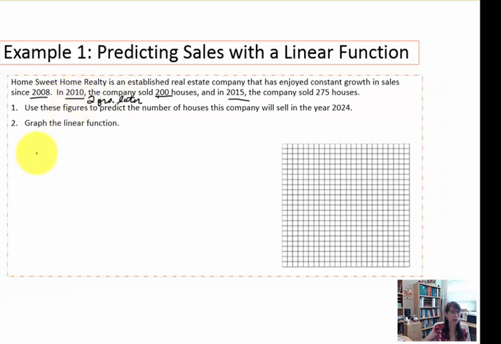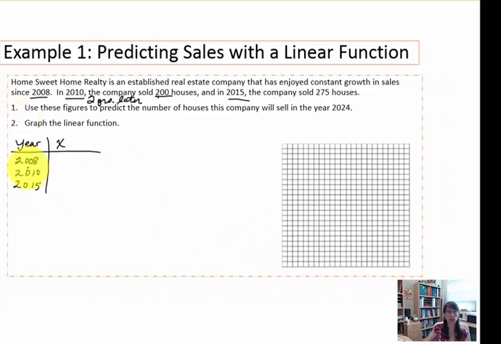So we really want to think about how to organize this information to make the most of it. First, I would make a table to organize the year. 2008 is given, 2010 is given, and then 2015 is given. The next thing I want to figure out is my x value. Now you might be thinking, well, isn't the year the x value? Well, in a sense it is, but we really don't want to be writing these years along the x-axis of our graph.